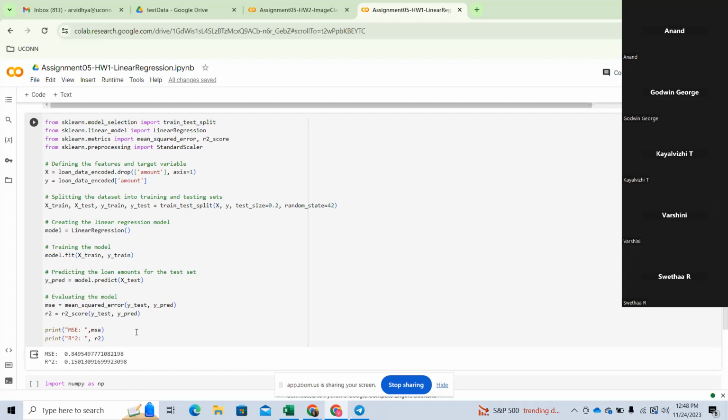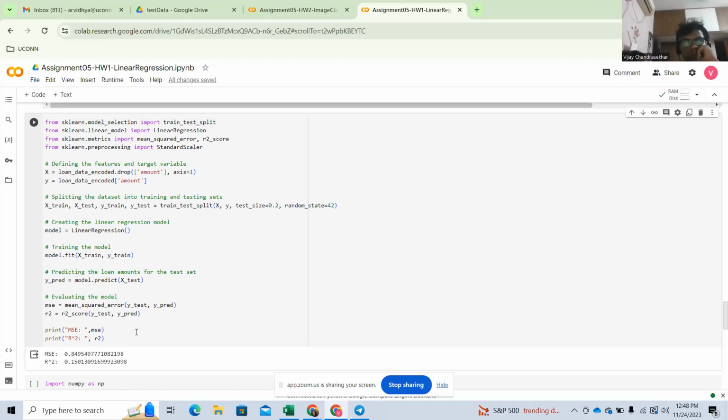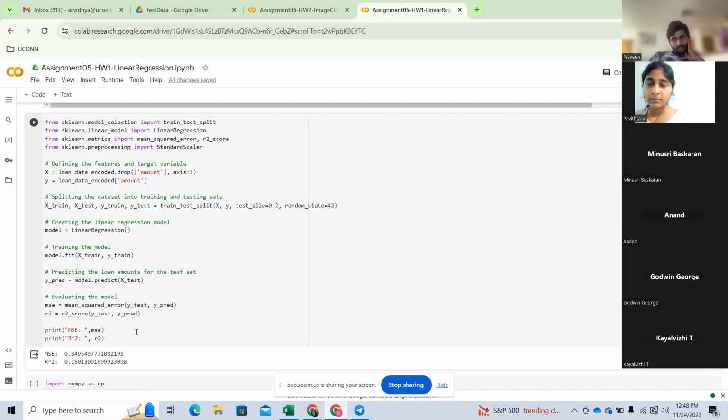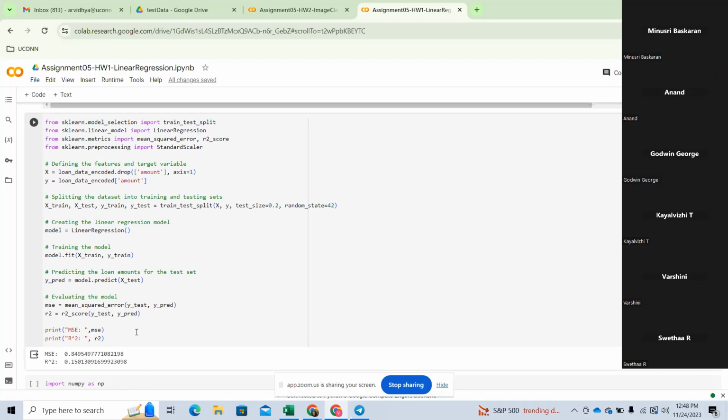So this is one way you can evaluate if the hypothesis set you're using for this particular data set is correct or not. And 0.15 is so bad that it's not useful for you, right?